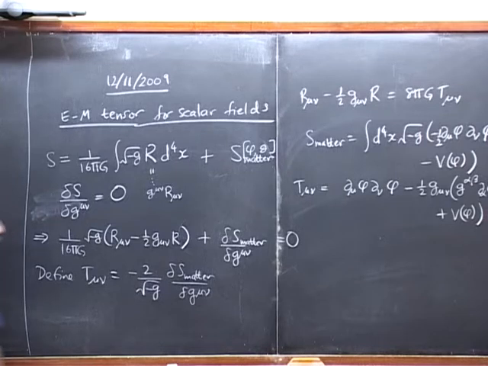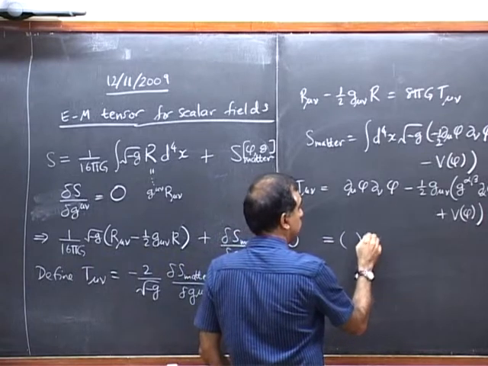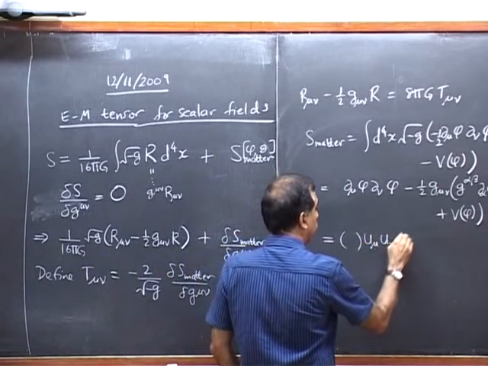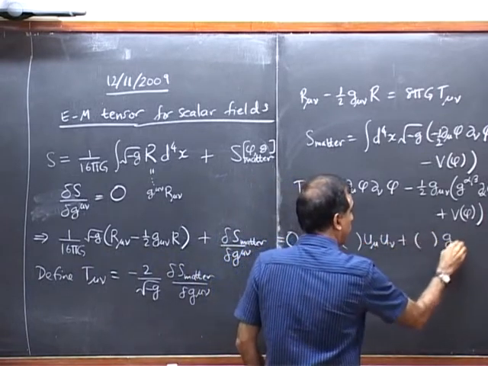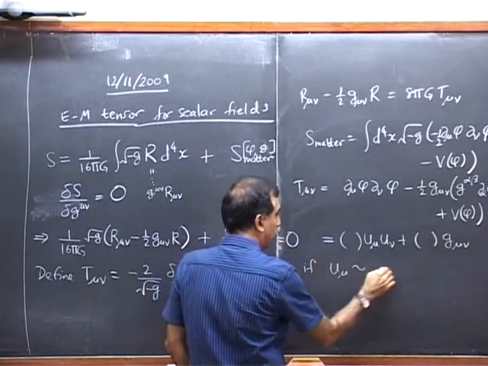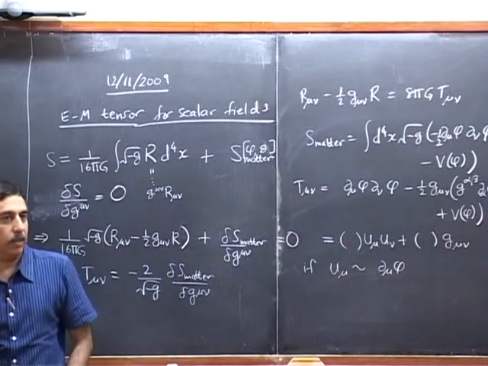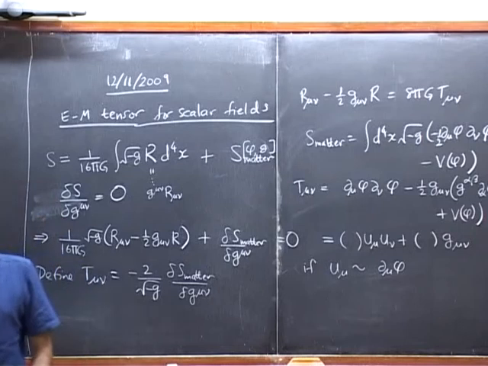Now the interesting thing is that it's of the form something times u mu u nu plus something else times g mu nu, if we take u mu to be proportional to del mu of phi. So where have we seen that?